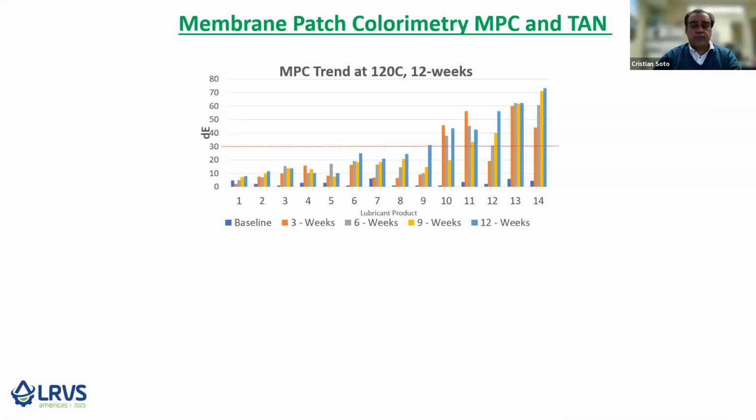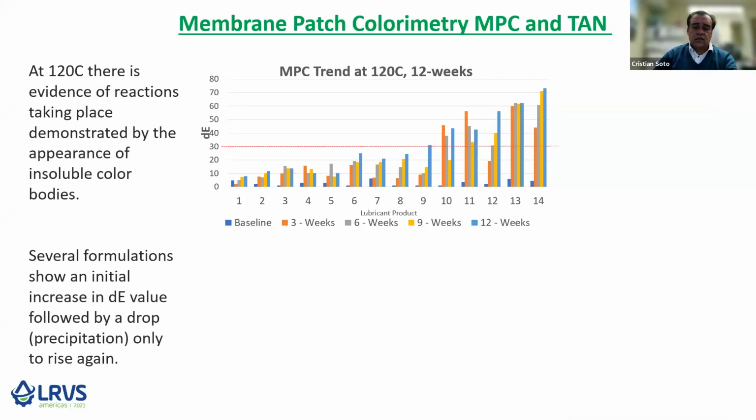We will now look at MPC for the same group of lubricants. We can see that there are many more additives showing actual reaction happening at 120 degrees, unlike what we saw for acid number.